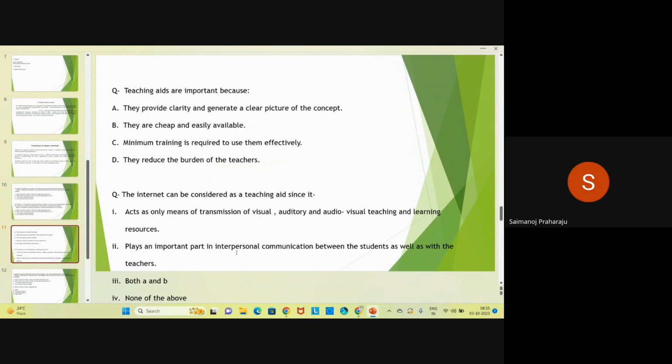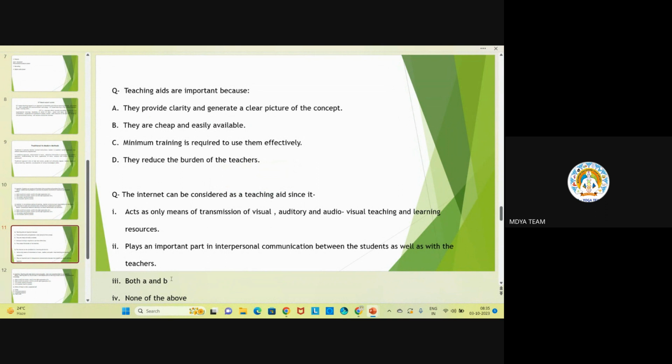Both A and B, ma'am. Yeah, even I think it might be A and B both. Third option is it. See here, there is also a word only.